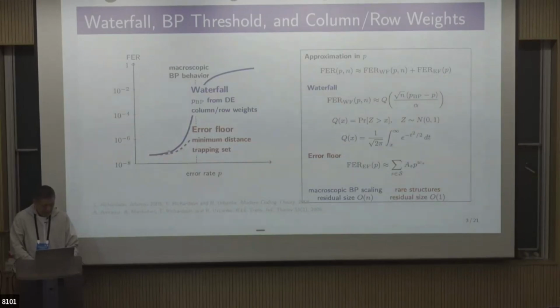The waterfall is a region where the macroscopic behavior of BP decoding appears. When the channel noise crosses the BP threshold, the ensemble-level BP trajectory changes, and many variables can remain unreliable.